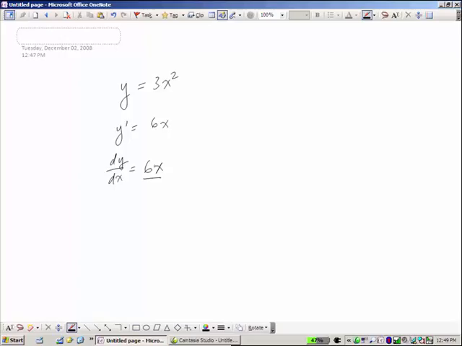So that was sort of like a related rate. The functions were related to one another, but not directly. They were directly functions of time, and they were related by time to each other. So that's what we're going to look at today.